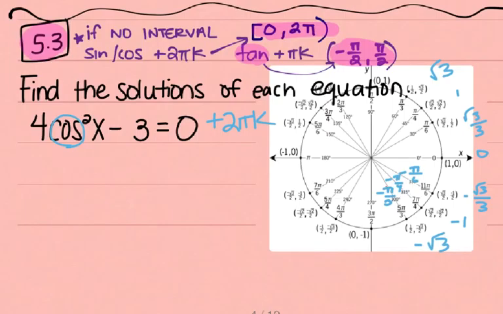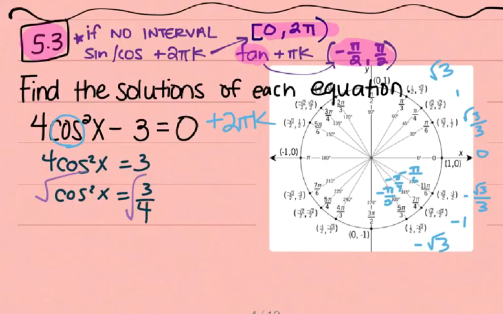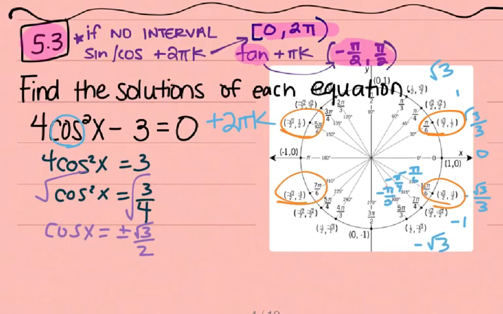So I want to solve for cosine. I would add the 3, divide by 4, and square root. This would be plus and minus the square root of 3 over 2. So then I go to my unit circle, and I find everywhere my x is root 3 over 2, because it says positive or negative.